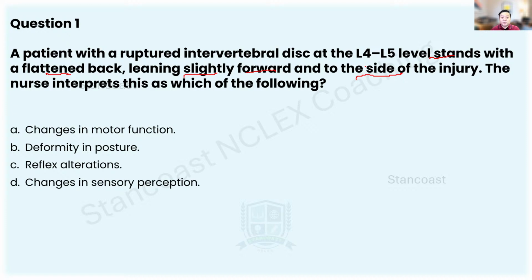Let me try removing letter D first. Changes in sensory perception. Guys, this is incorrect if you answered letter D. The reason for that is because sensory changes like tingling and numbness are only expected along the distribution of the affected nerve, but they are not indicated by the described posture in the scenario.